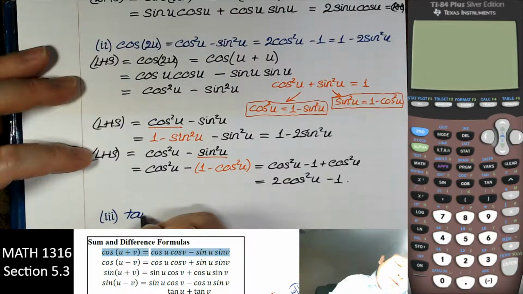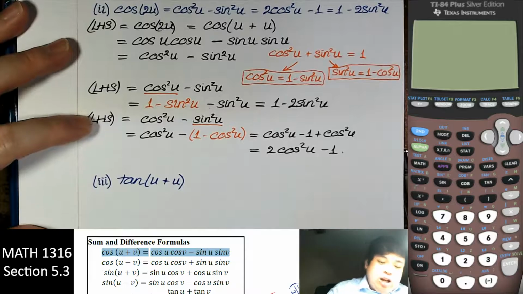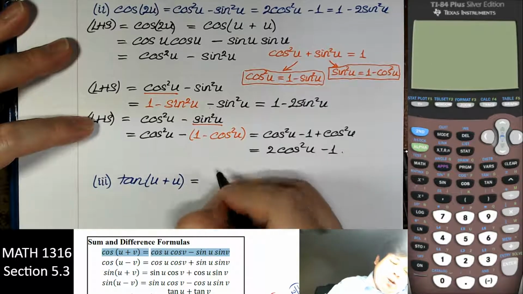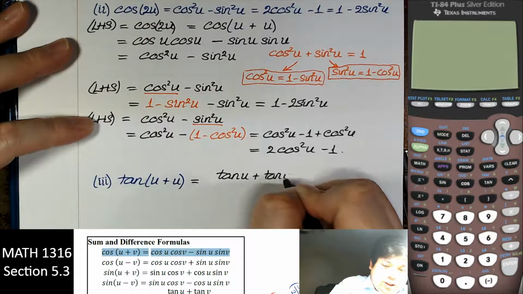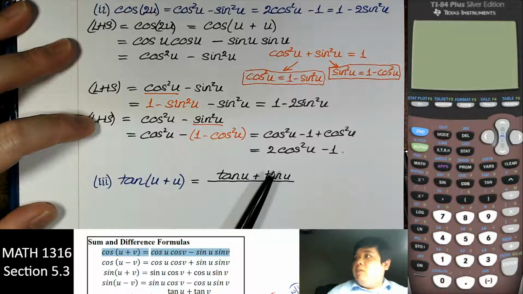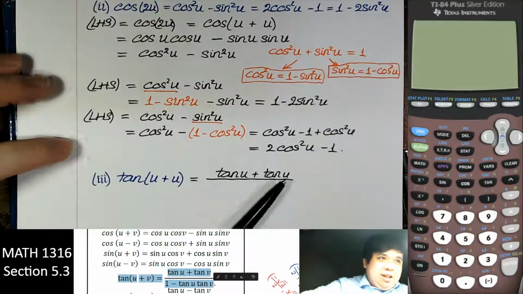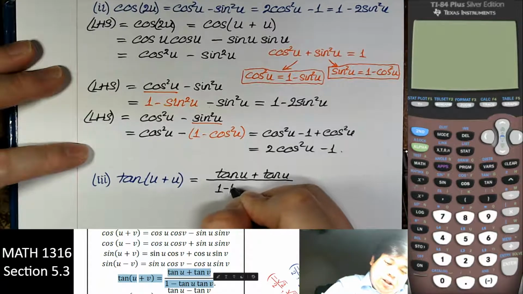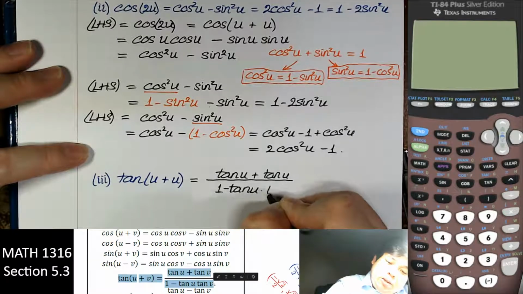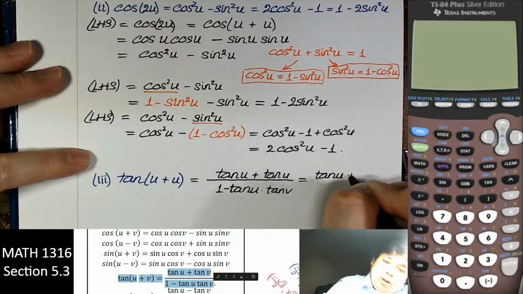And then tangent of u plus u, we write like that for tangent of 2u, which is tangent of u plus tangent of u over 1 minus tangent of u times tangent of v, using the formula over there.